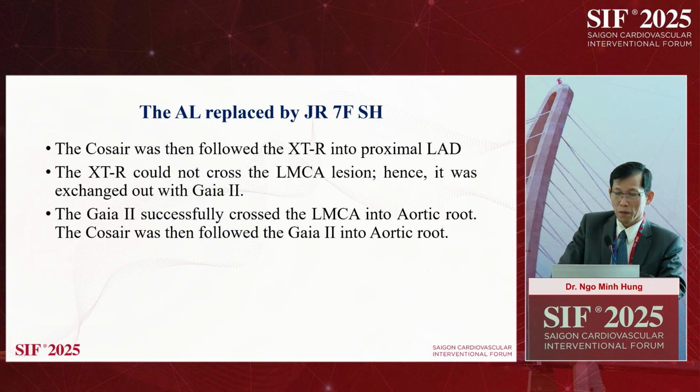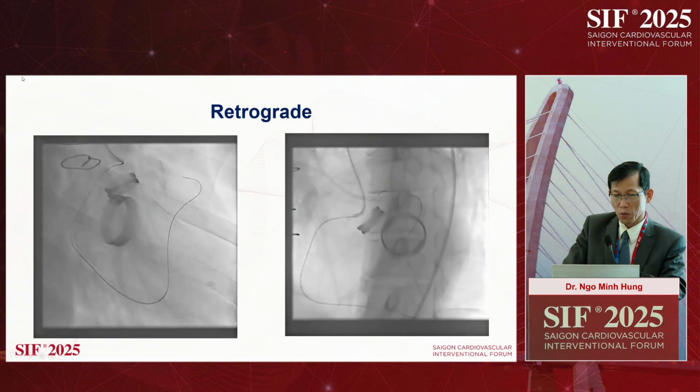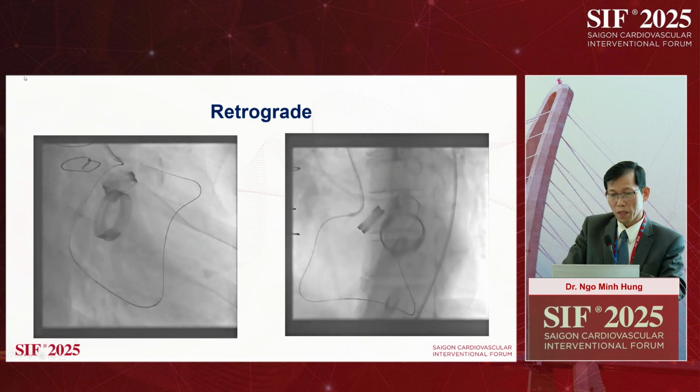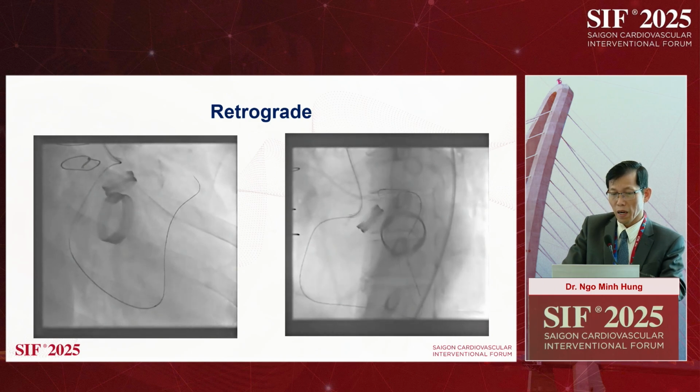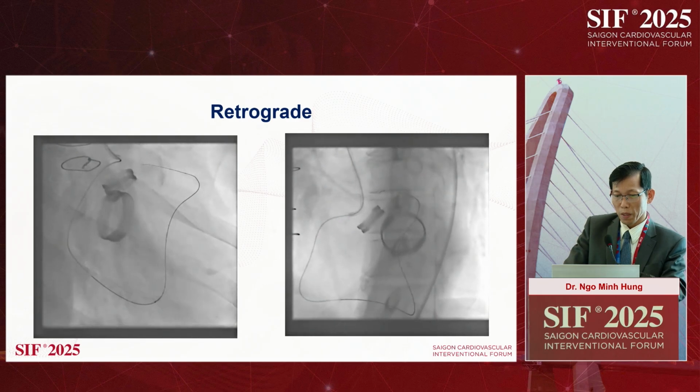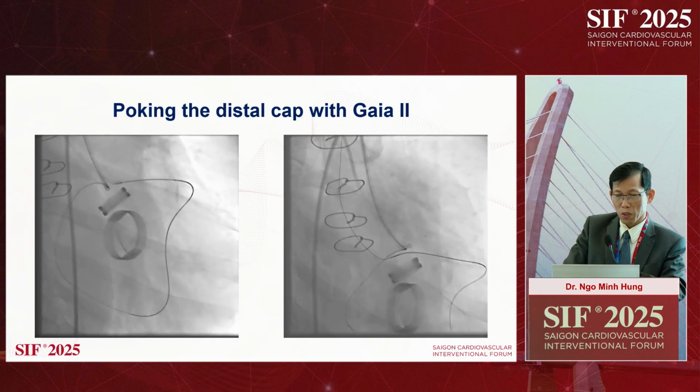So luckily the wire goes through the collateral, and then I send out the Guidezilla second, and the wire goes through the CTO. As you can see, then they go back to the left main. This is the Guidezilla, this is the XTR, and then the microcatheter goes up to the distal left main, and then we send out the second wire and poke through the CTO.